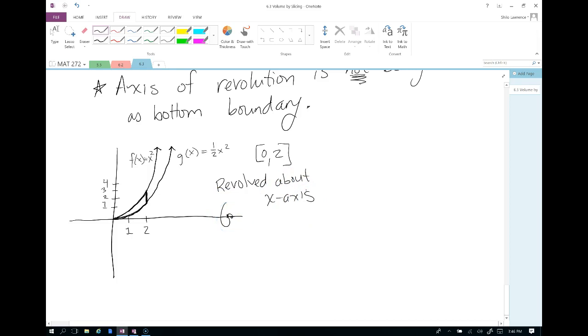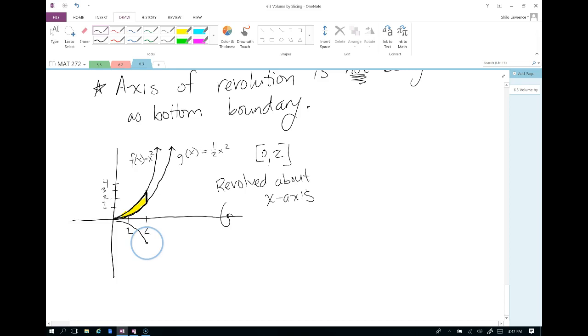So just like the basic problems we saw in part 1, we still are going to have a two-dimensional region to start with, and we still want to revolve that around the axis of revolution that we're given. When we get to 180 degrees, we are going to have an exact replica of it.